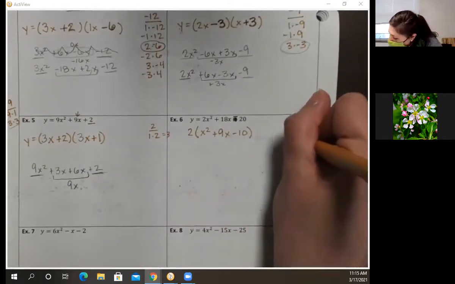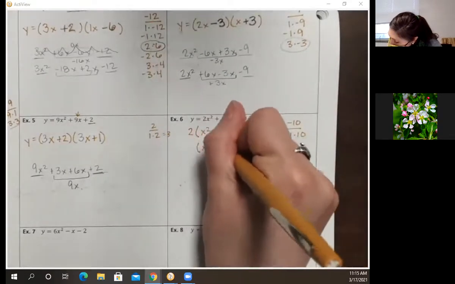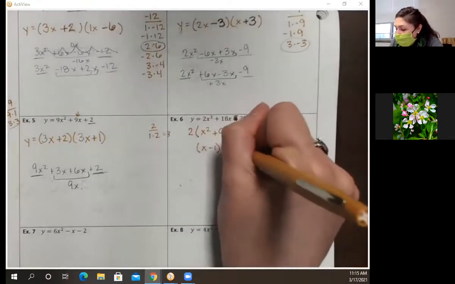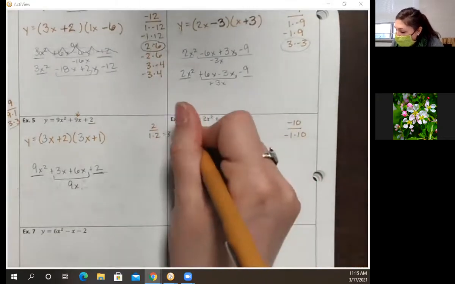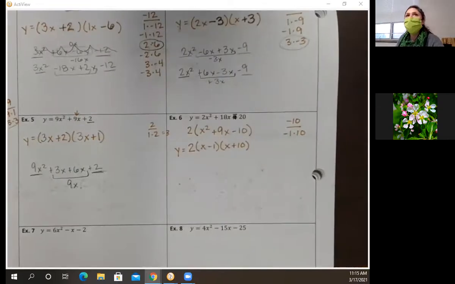Negative 1 times 10, perfect. So this would be x minus 1 times x plus 10. And then don't forget that 2, that's important. And there's my factored form.